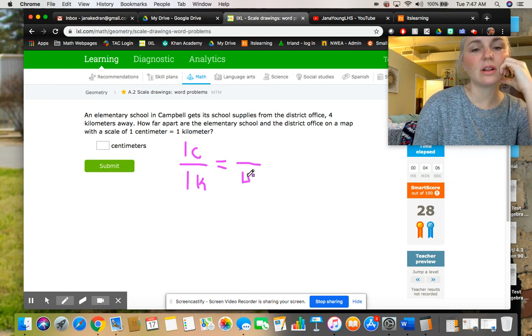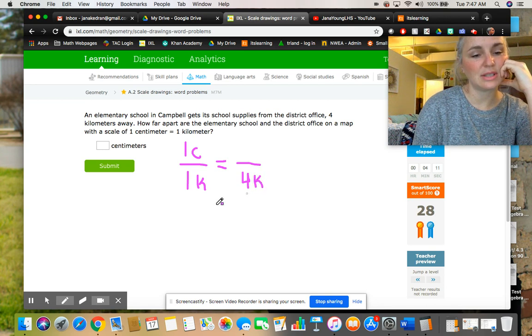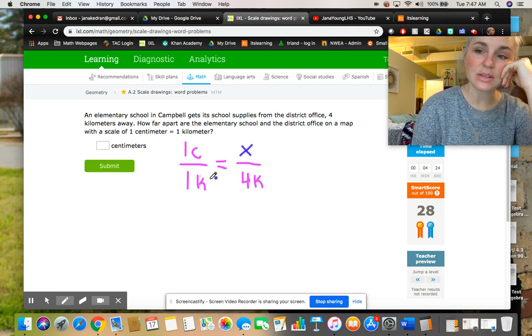So I put 4 kilometers here. And this maybe is an easy one, but I just wanted you to see this. So this is what I'm solving for. Okay, how many centimeters is 4 kilometers if 1 centimeter is 1 kilometer?